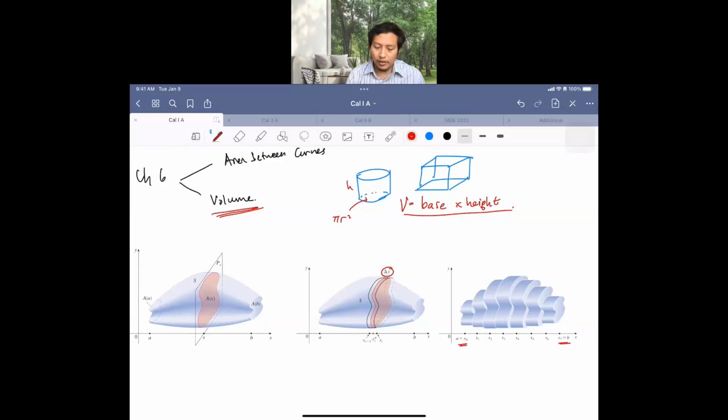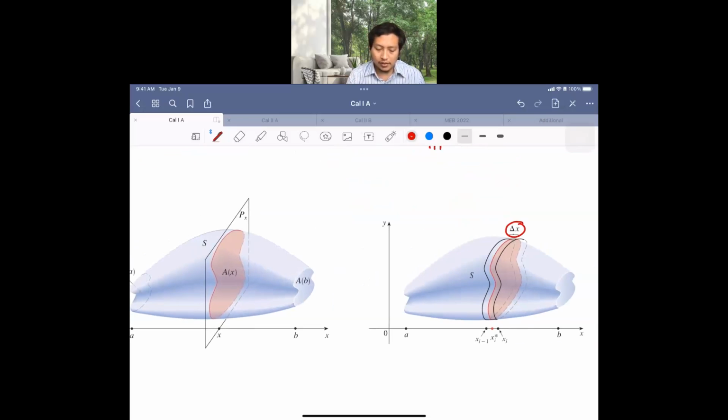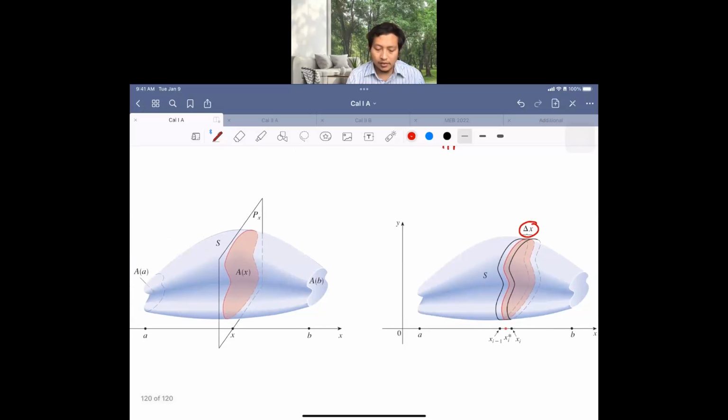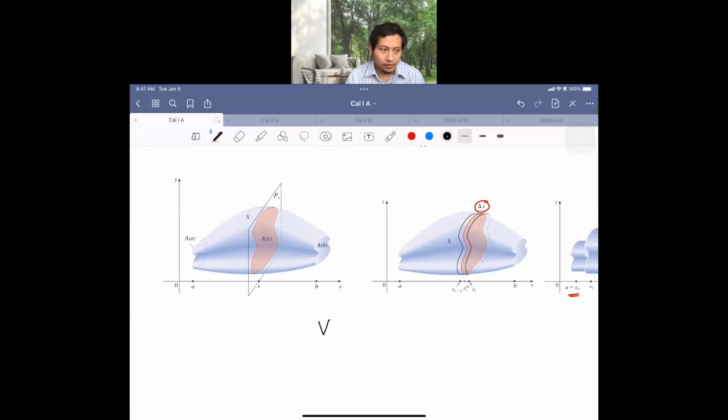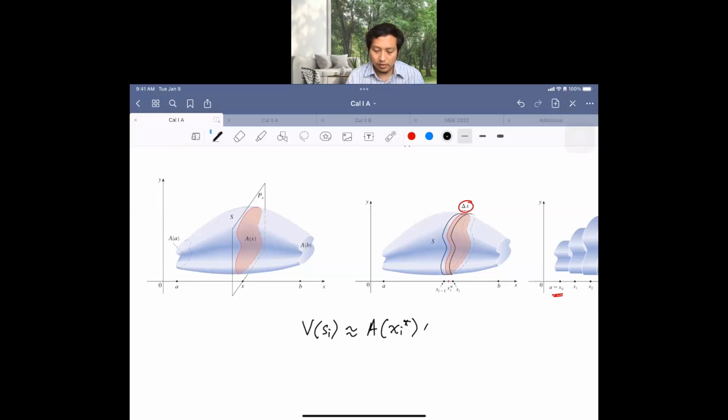Now, if we imagine that this slice, this cross section, has an area, then the area multiplied by delta x as its height gives an approximation for the volume of S, approximately equal to A(x) for some x multiplied by the height.